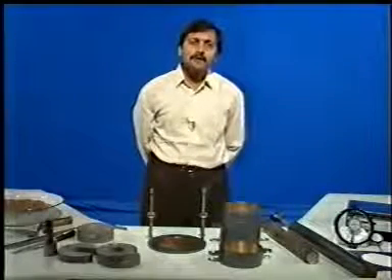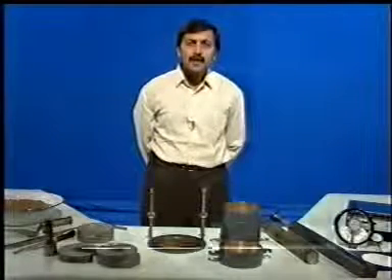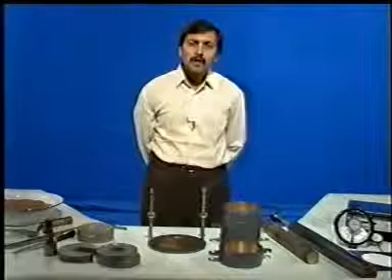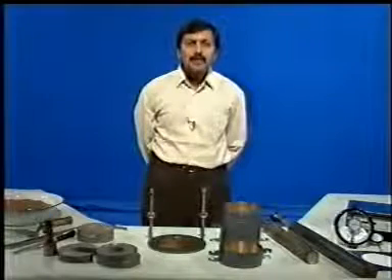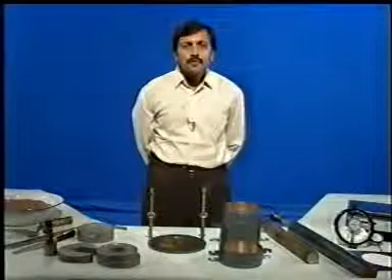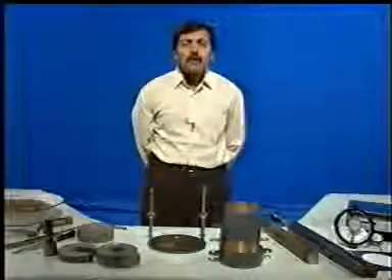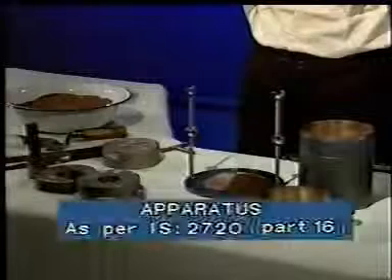California bearing ratio value is defined as the ratio of load per unit area required to penetrate a soil mass by a standard plunger at a specified rate to that corresponding required for penetration of a standard material. The standard material is the one defined as having a CBR value of 100%. CBR value is usually determined at 2.5 mm or 5 mm penetration.